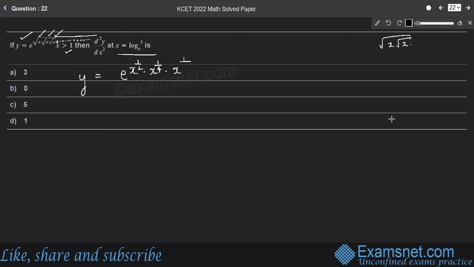So that is the third square root of x, which is nothing but x to the power of 1 by 8. And the next term will be x to the power of 1 by 16, and it continues, where x is greater than 1.